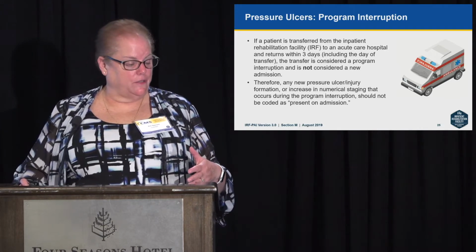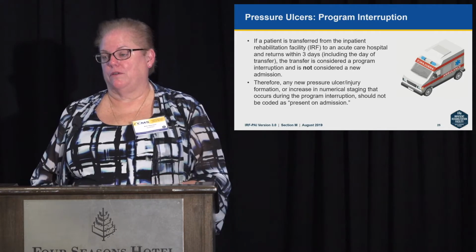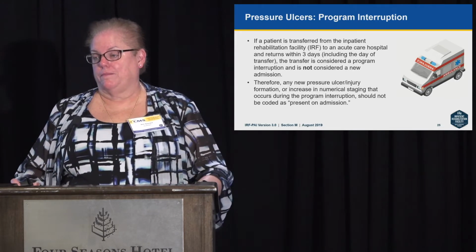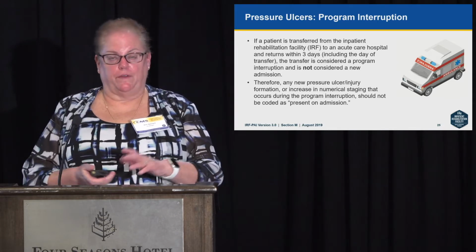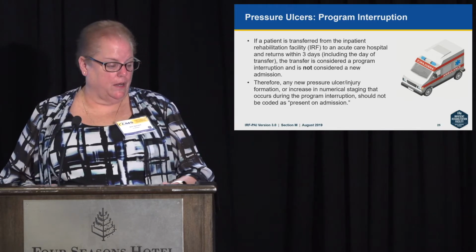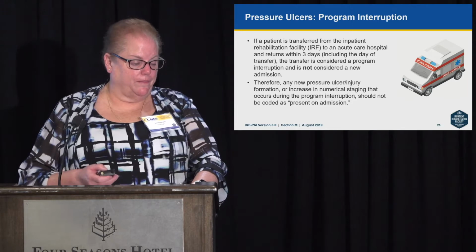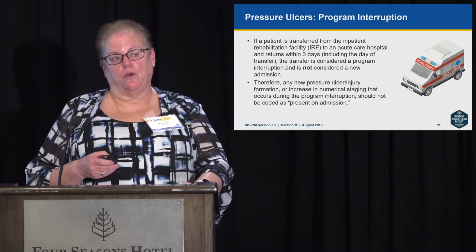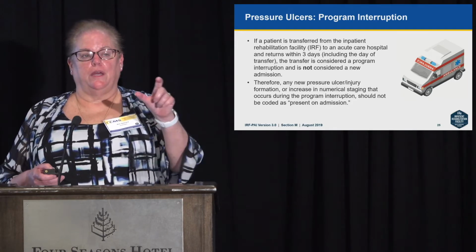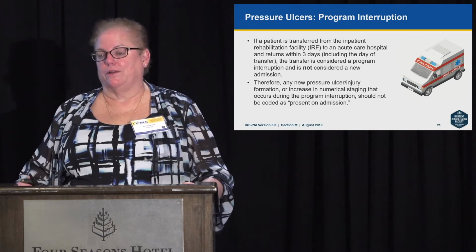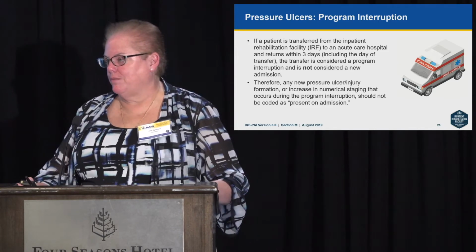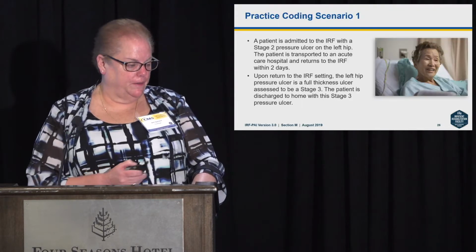That is not considered present upon admission. It's considered worsened, all right, on discharge. If they still have that stage, it will be a stage 3 if it hasn't completely healed. You want to make sure that you're not saying, oh, just because I had that program interruption and it worsened while in the hospital, you get to still own it. But just so that's an important piece.